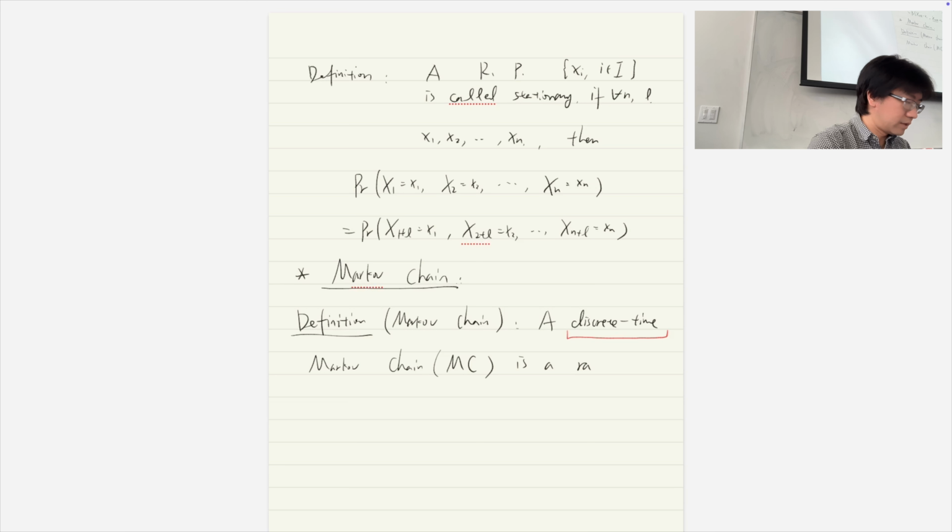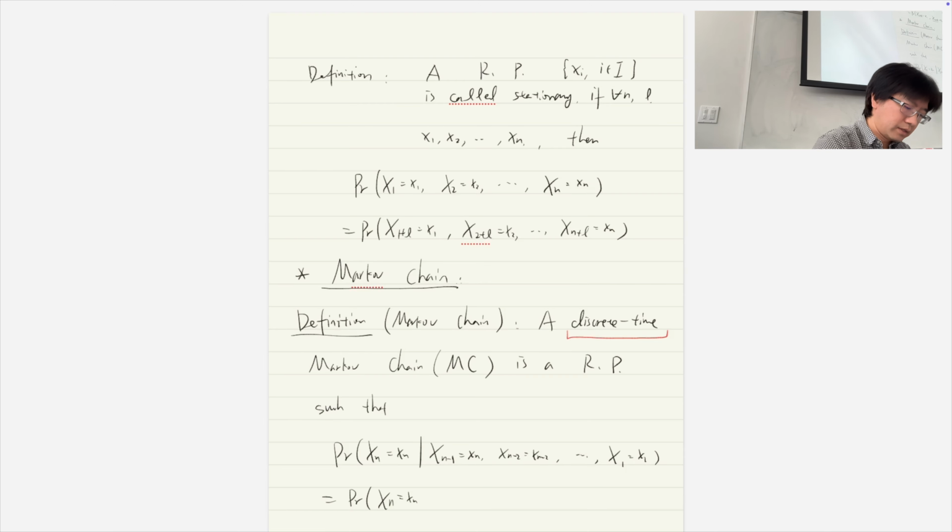So this is a random process such that the probability that Xn equals xn, given all the history, Xn-1 equals xn-1, Xn-2 equals xn-2, and so on, up to X1 equals x1, just equals the probability that Xn equals xn given Xn-1 equals xn-1.